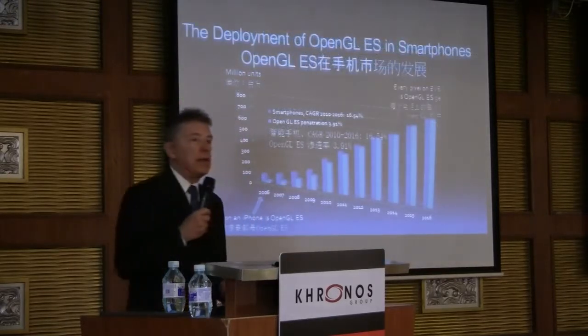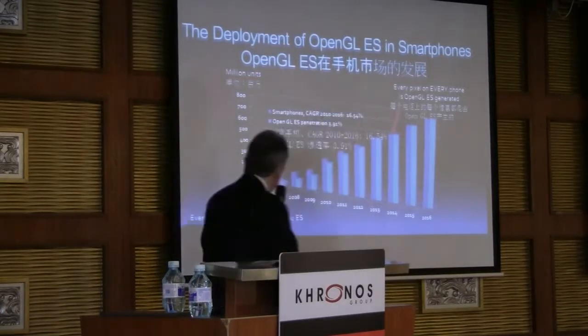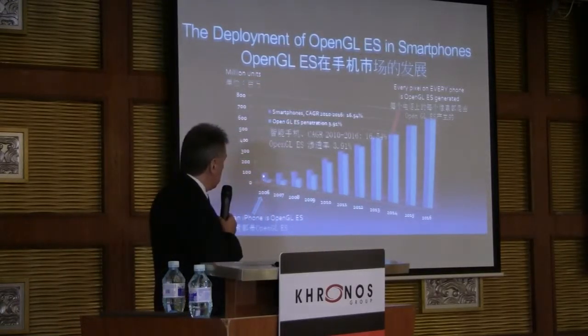Now the results of it in terms of market is there are two effects. The first is that, I don't know if you can even see this, this is the number of shipments of mobile phones in 2006. And back then, OpenGL ES had very little penetration into the mobile phones. All the rest of this stuff was proprietary.